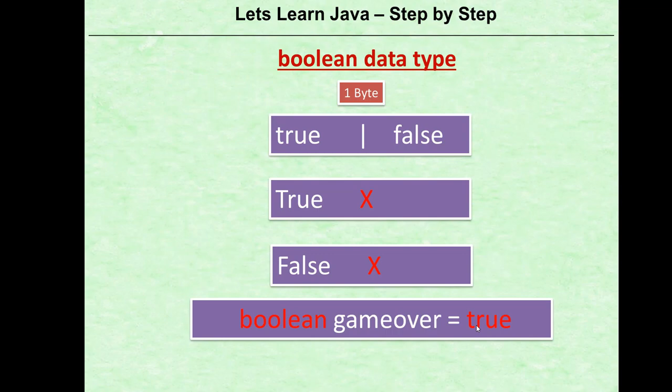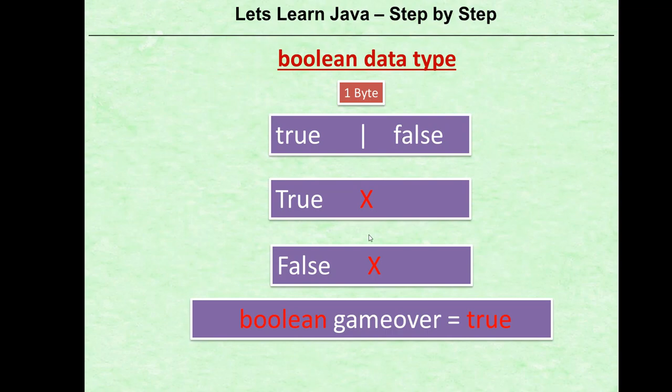But in case of Java, the only two values that you could use for a boolean is only true or false. Nothing works except these two values. So these are the only two literals that you could use in boolean data type.